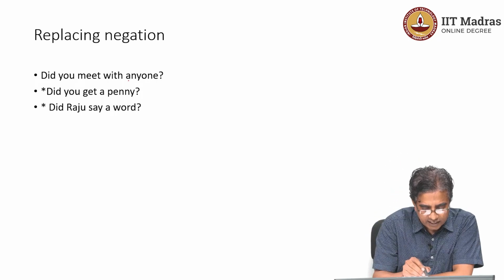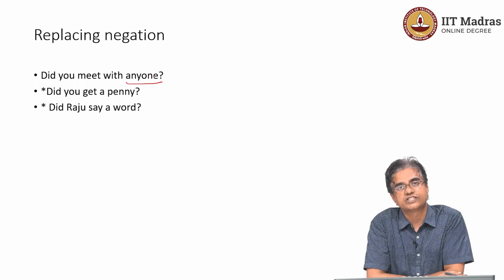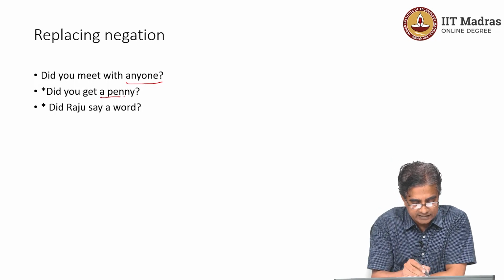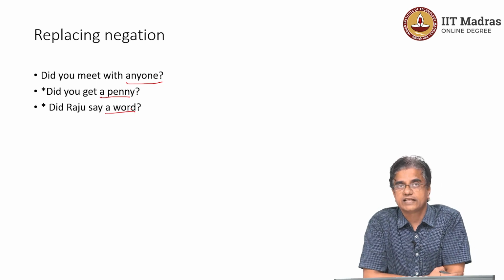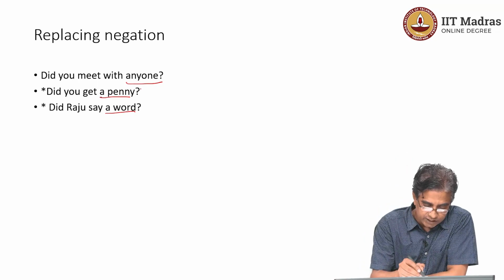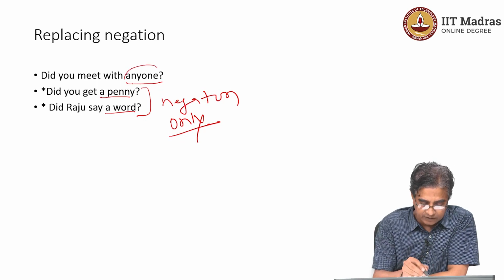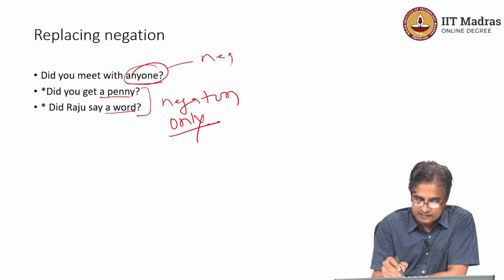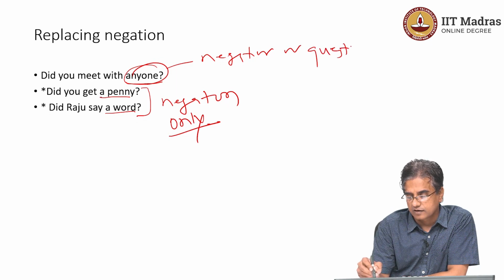So any one type of negative sensitive element can occur with question sentence, but a penny type or a word type of negative sensitive element cannot occur even in question sentence. So these two need negation only to occur. These anyones need negation or question.